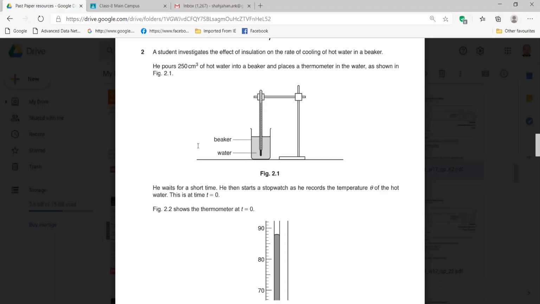When you are saying melting point, then you are using solid. You are saying melting point of ice. That means at 0 degrees Celsius, ice starts melting. It's turning to liquid, it's turning to water. And when you are saying freezing point, you are saying freezing point of water, not freezing point of ice.